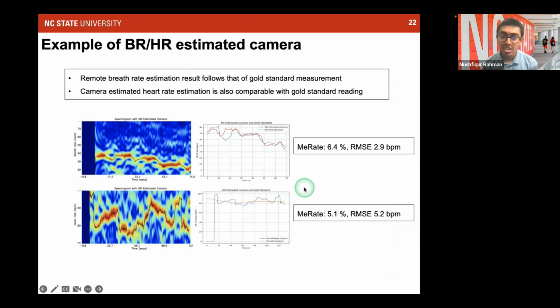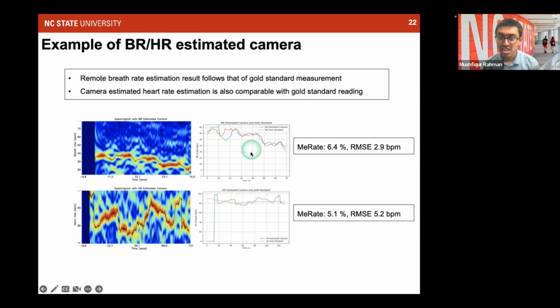Here we show the results and compare with the ground truth for two videos. This first one is for breath rate estimation, and we can see that the red line corresponds to our camera estimated result, and the blue line corresponds to the ground truth or gold standard measurement.